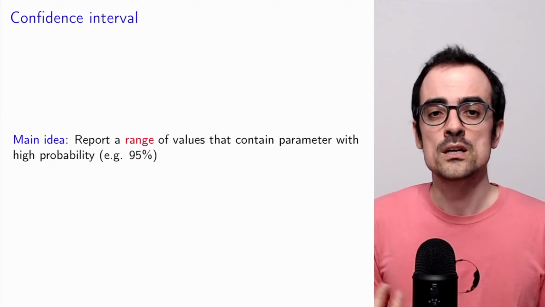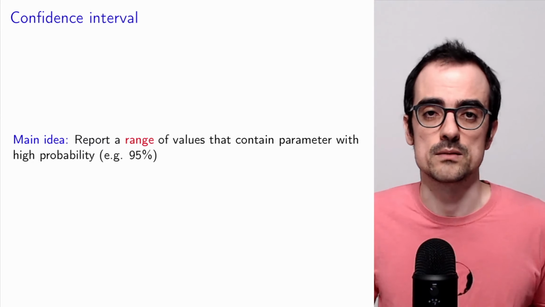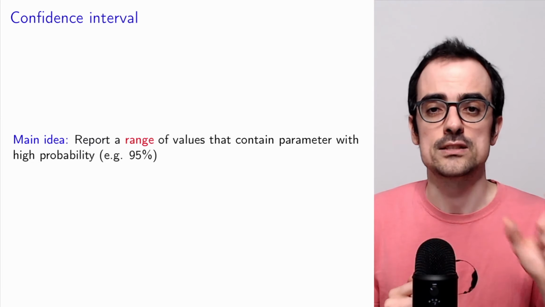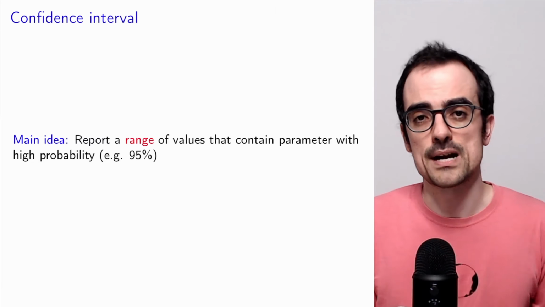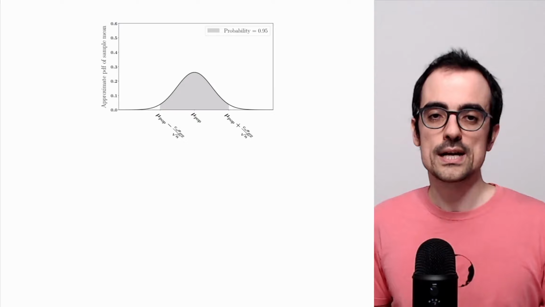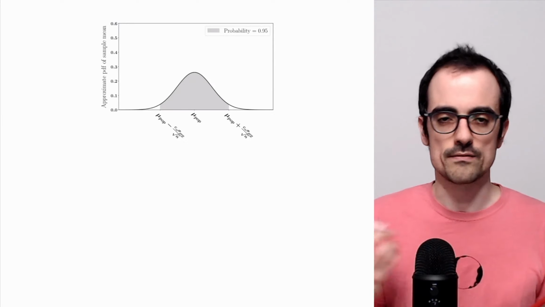In order to do that, what we do is we build a confidence interval, which is a range of values that contains the parameter of interest with high probability, often 95%. Let me remind you quickly what the logic is of these confidence intervals.